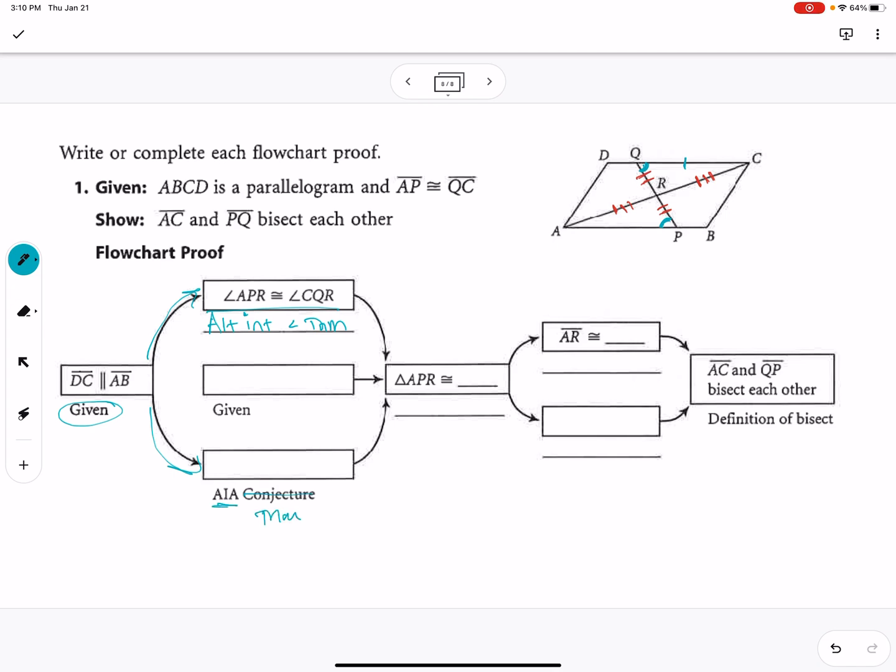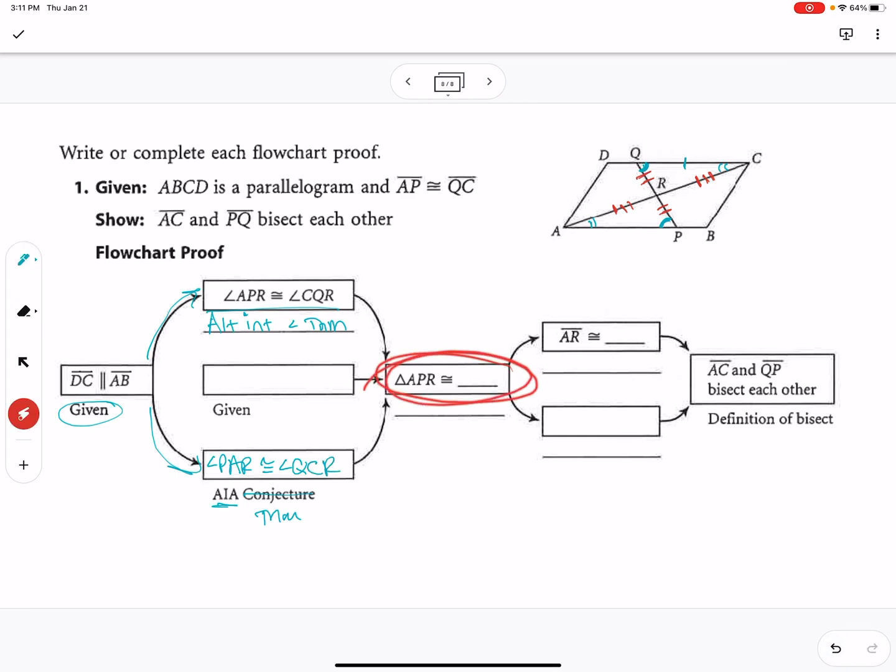And then again, AIA, alternate interior angles theorem. I would say this angle is congruent to this angle here. So angle PAR is congruent to angle QCR.